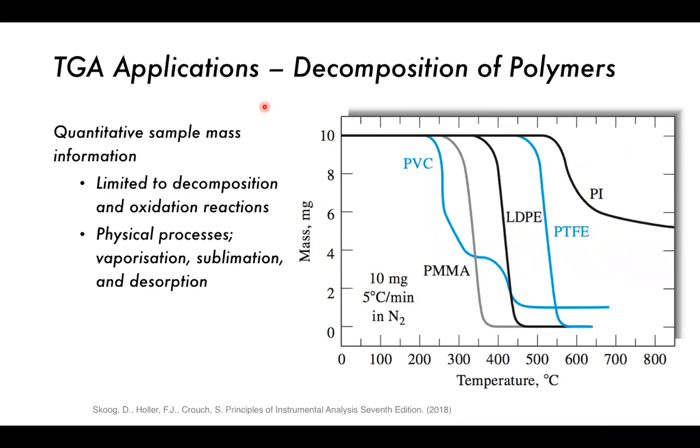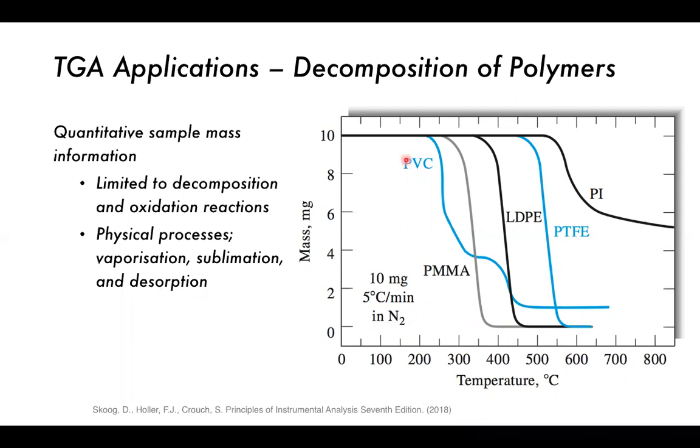So TGA application: we look at the decomposition of polymers. This can help us with quantitative sample mass information, but it is limited to the decomposition and oxidation reactions of polymers, and the physical processes: vaporization, sublimation, and desorption, desorption of things like water.